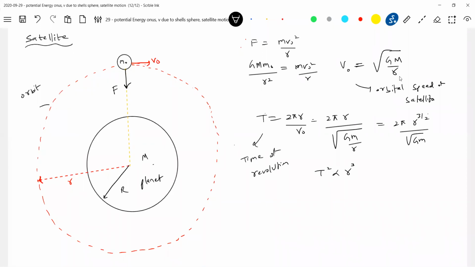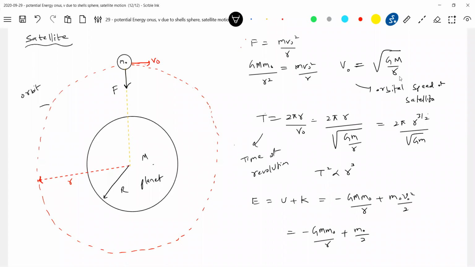Let's come to the energy of the satellite. What all forms of energy does it have? It has kinetic energy, and there's also interaction potential energy. So the total energy is equal to the sum of potential plus kinetic. What is the potential energy equal to? Minus G M m naught by r. What about kinetic energy? m naught v naught square by 2. Let me substitute this.